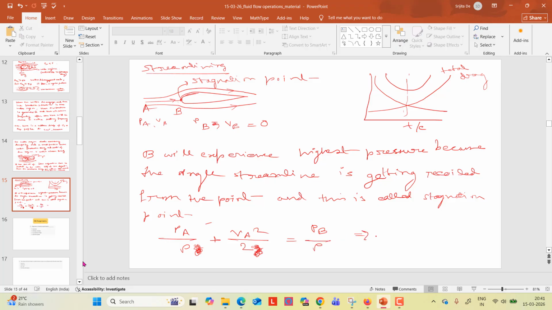So at this point, PB will be PA plus half rho VA square. So this PB is the stagnation pressure, which is the highest at this zone. PA is the static pressure, and this is the dynamic pressure. Okay, I think now it is more clear.